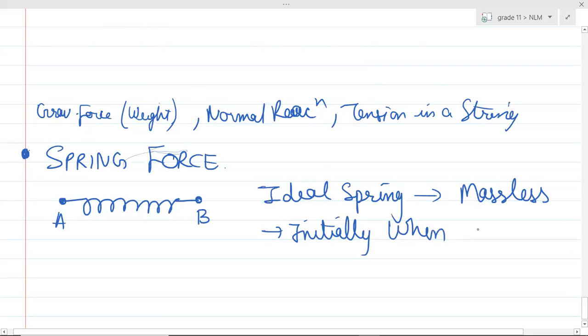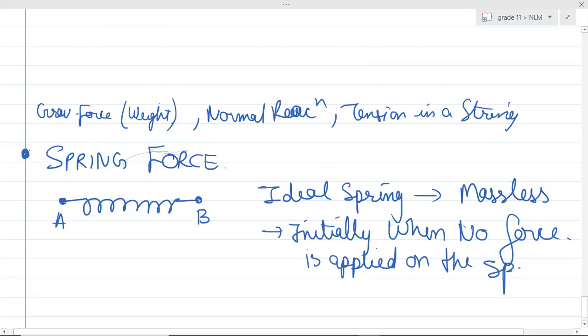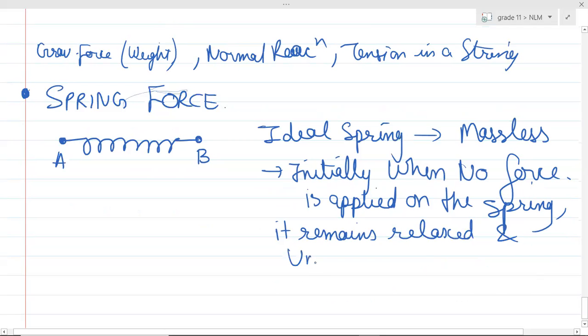Initially, when no force is applied on the spring, it remains relaxed and unstretched.